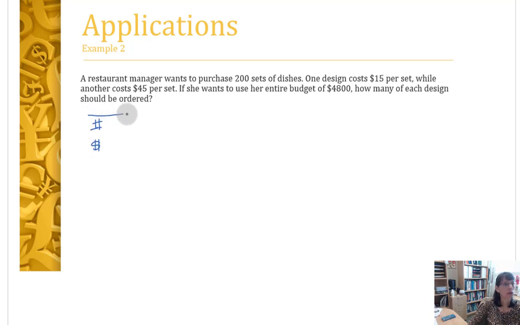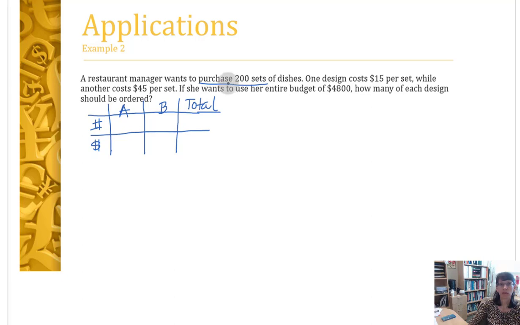We have two different sets of dishes, set A and set B. We'll also need a column for the total number of dishes. So when we read back, it says that the restaurant manager wants to purchase 200 sets.